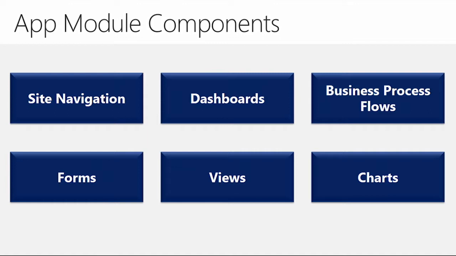What business process flows? So obviously from a business process flow standpoint, you're going to have business process flows that are going to be very specifically targeted at different subsets of users and different subsets of record types. Those business process flows that are only applicable to what you want to do from this particular application can be added into the application as well. And same thing with forms, views, and charts.